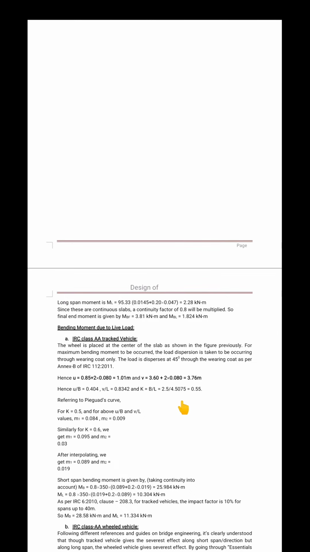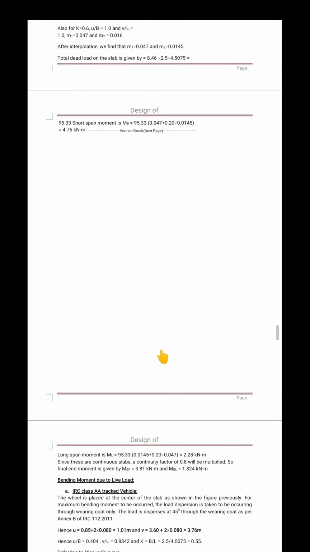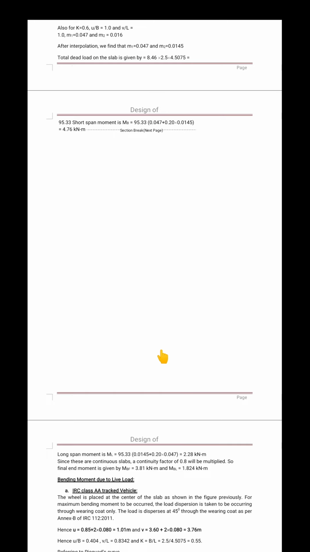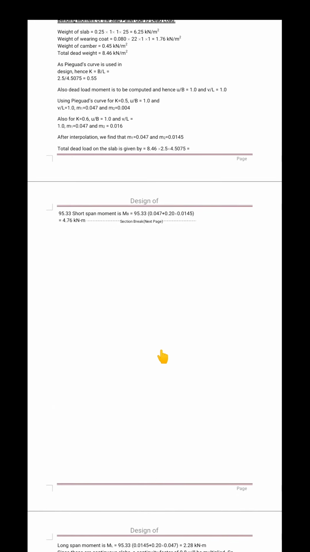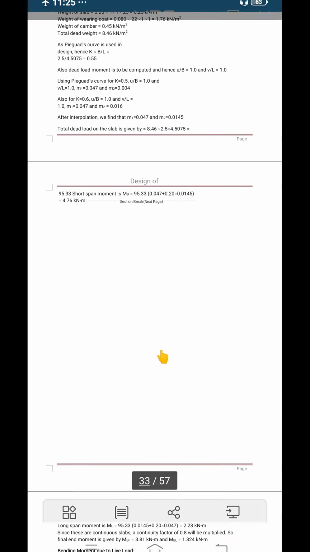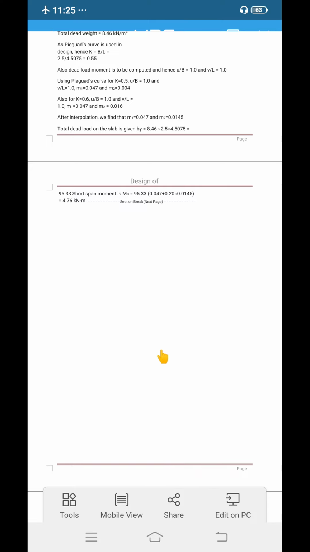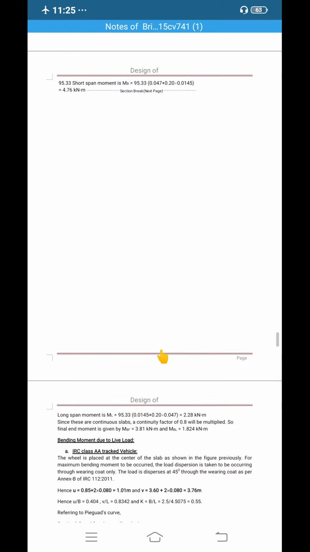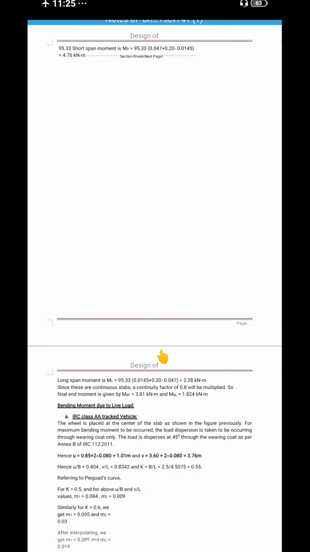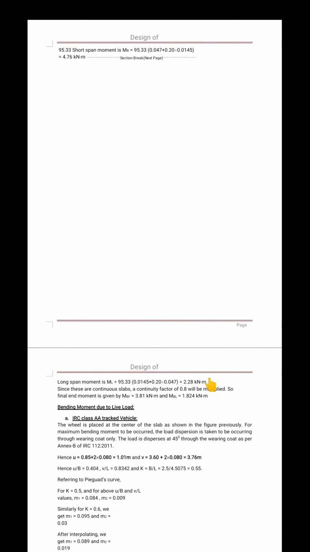Similarly, long span moment is equal to m1 plus it is in reverse order. It is m1 plus alpha into m2. Here it is m2 plus alpha into m1. So we got long span moment as 2.28.